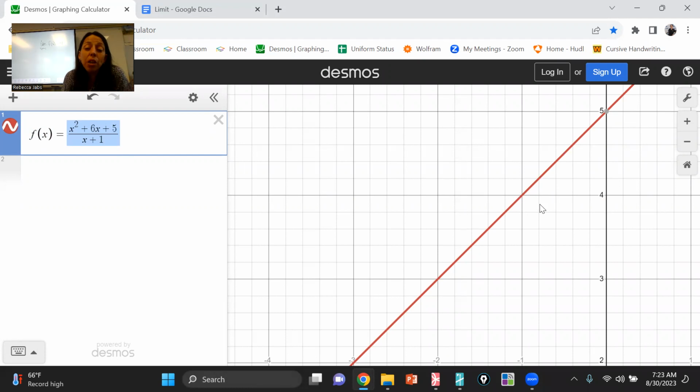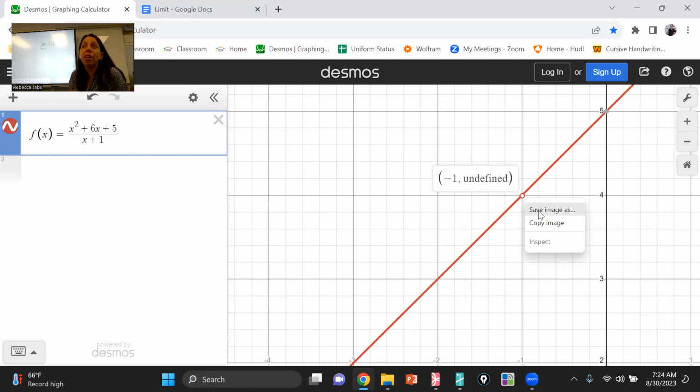But as I'm getting close to this number right here, even though when I click on it, it's actually an invisible unknown number, because when I get right on there, it says undefined. The actual value of f of x is undefined. However, the limit of f of x, as I'm getting close to -1, is 4.